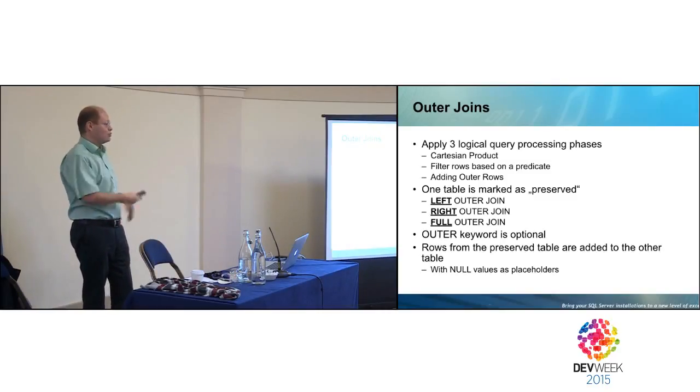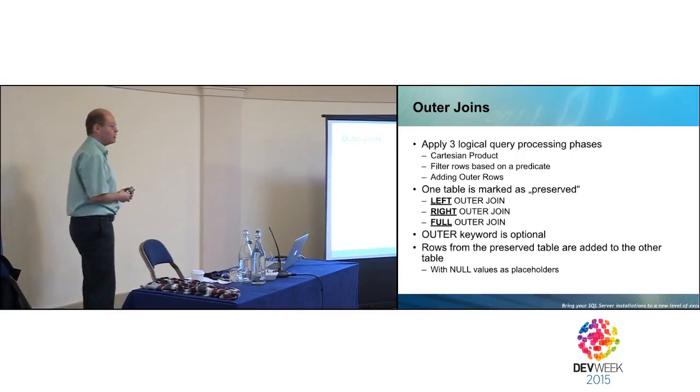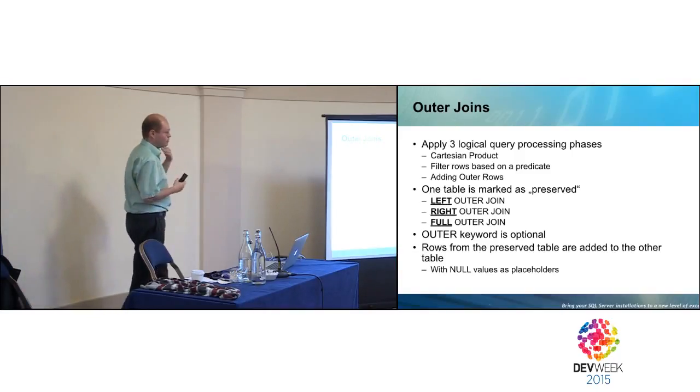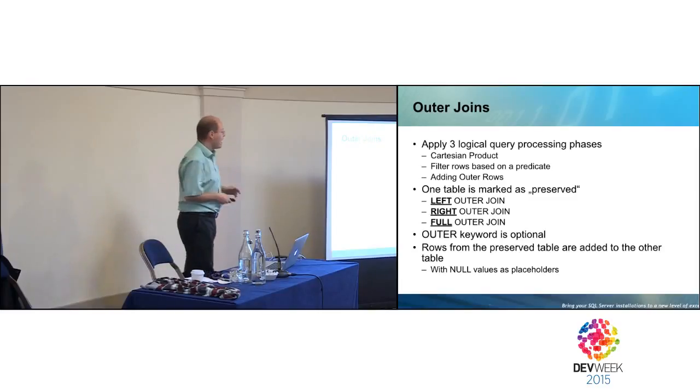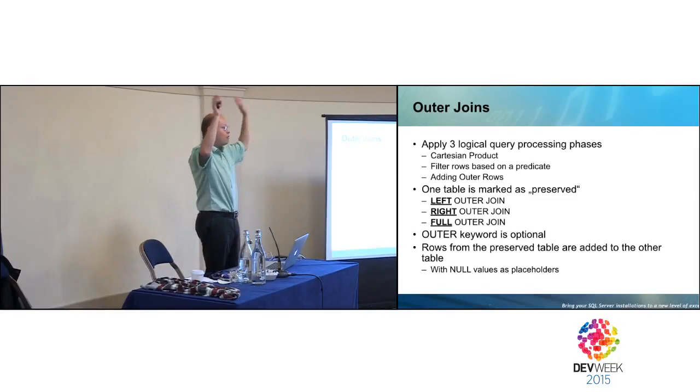When you make a right join, the right table is the preserved one, which means you get null extended rows for the left table, table A, and with a full outer join, both tables are preserved. Okay, so the third phase here is to add those outer rows.